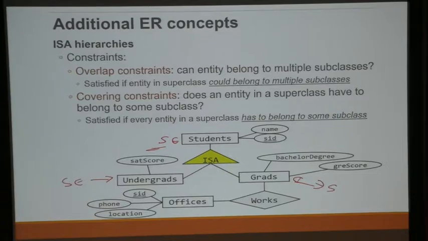Okay, so that's the covering constraint. Overlap constraint means this S can appear in both. Covering constraint means that every single S in the students must appear in at least one of the subclasses. Okay?